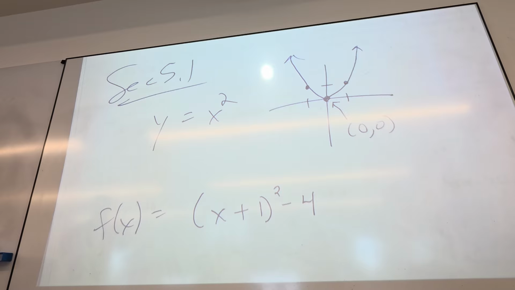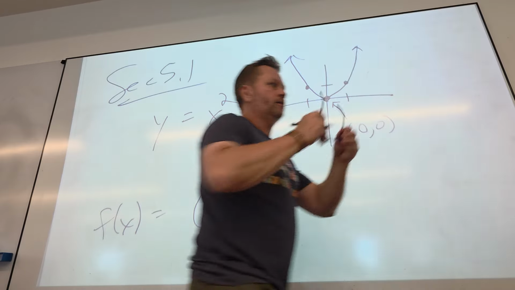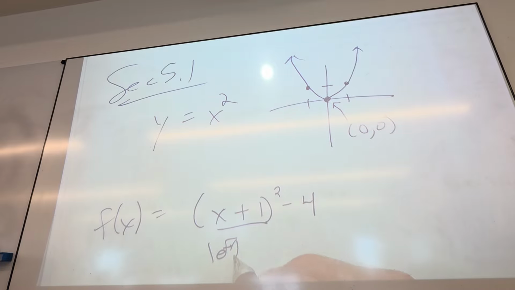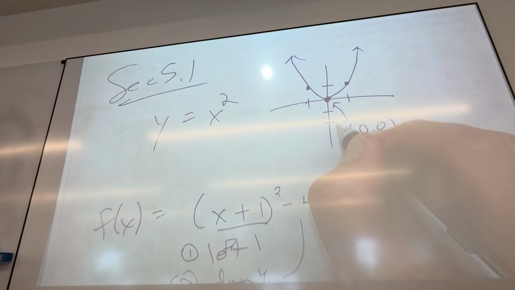Can anyone tell me without graphing, where's the vertex? -1, -4. I need you to see this. The vertex starts at 0, 0, correct? This would make it go left 1, down 4. So the vertex would go left 1, down 4.